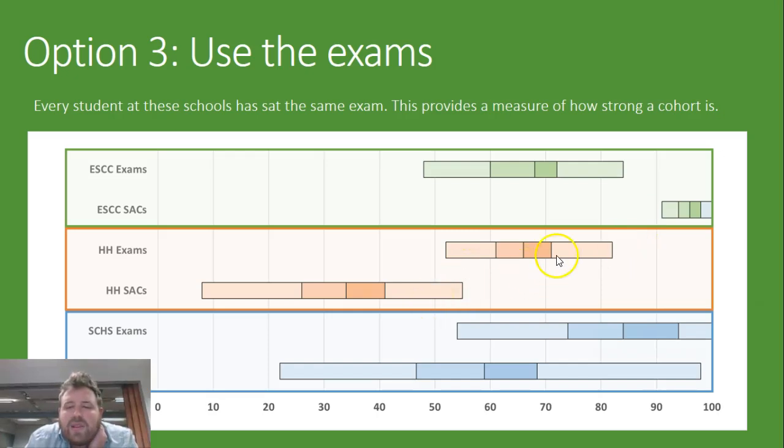Instead, we look at how each of the cohorts of students, not the individual students themselves, we look at how well they've done overall on the exam, and we treat the exam as being the real decider of how good a cohort is. And then we're going to shift the SAC marks around until they sort of match the exam marks. And I've made a little video to show you what that looks like.